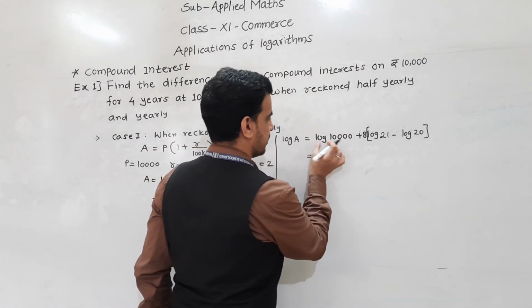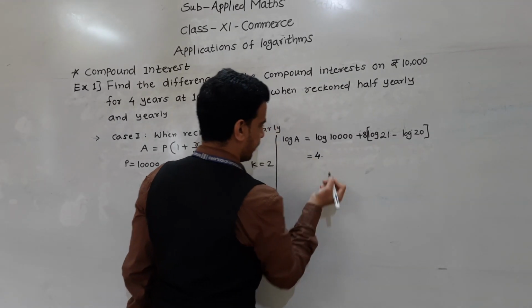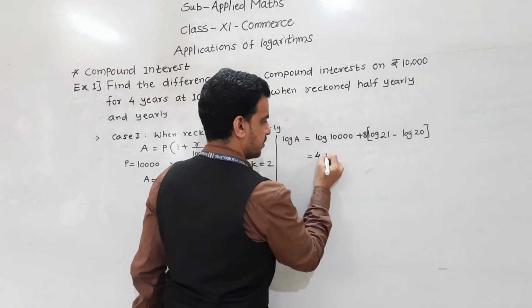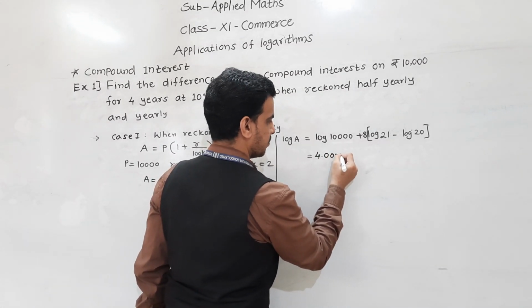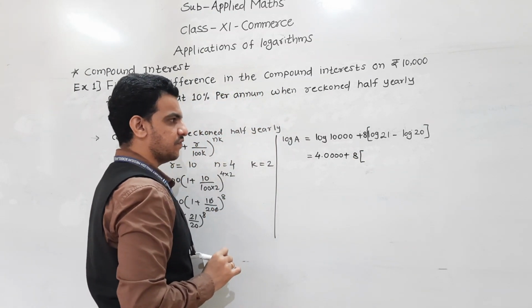Now log of 10,000, its characteristic is 4 point 000, plus 8 into log of 21.